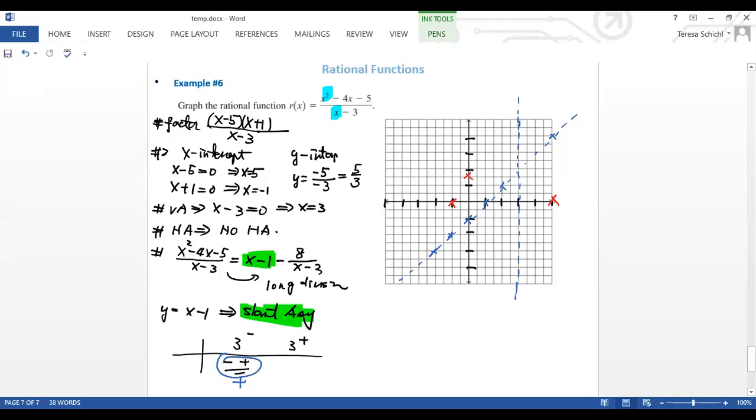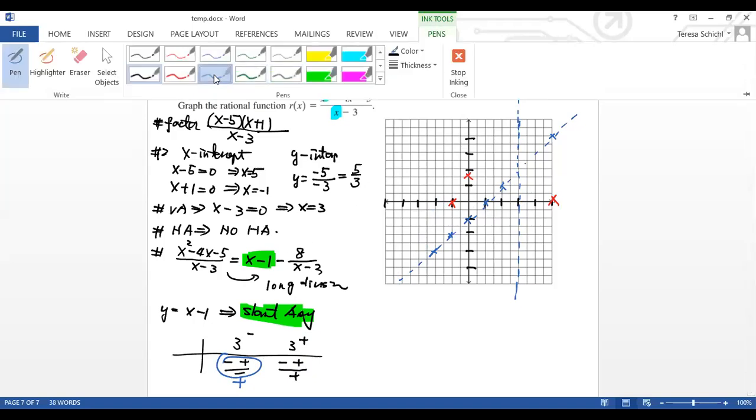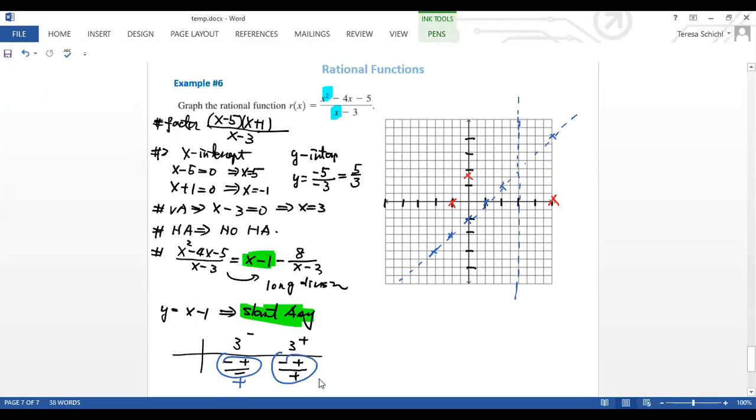Now if I approach 3 from the right-hand side, I put it here: this is a negative, this is a positive, this is a positive, so I have a negative.